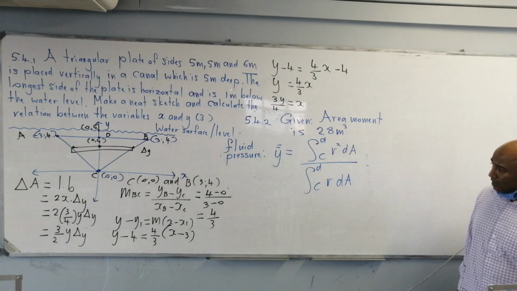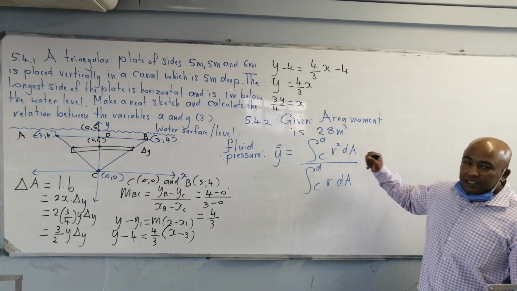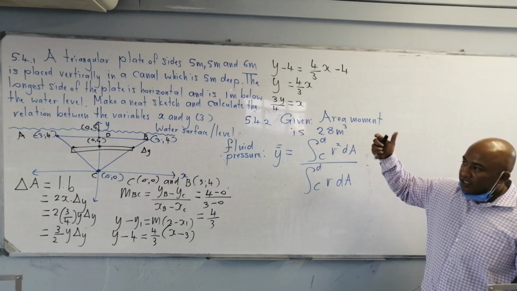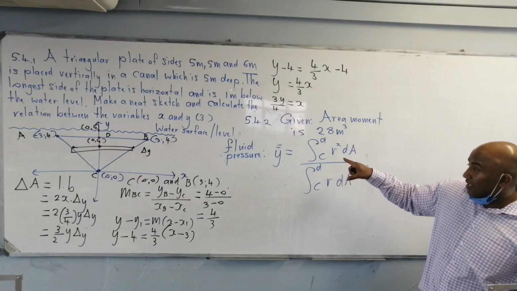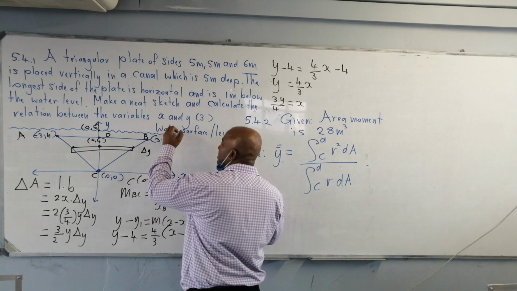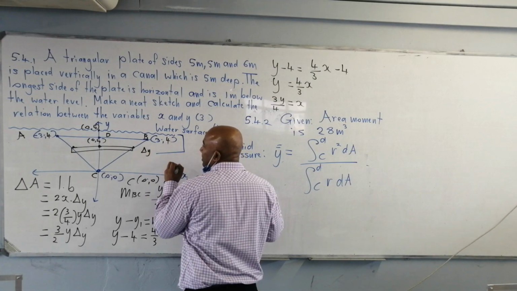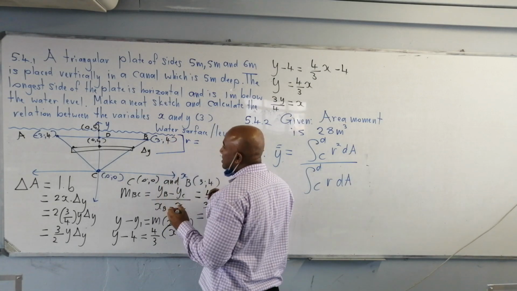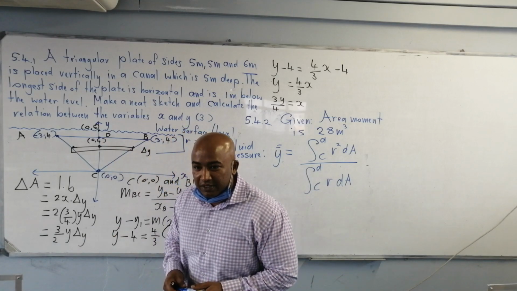Okay. So what is R? R is the distance from the water surface to the representative rectangle, which now I realize that I forgot to put down there. Sorry about that. So your R is the distance from there to there. How do you work that out?